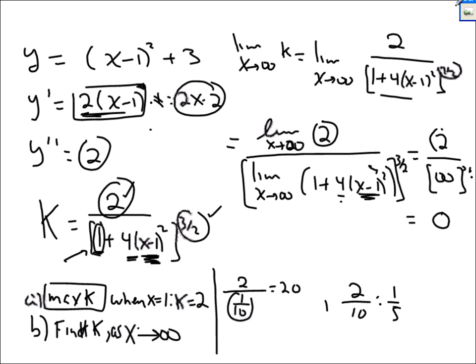You have 2 pieces of cake and you want to share them. That means divide. You want to divide them between 20 billion people. A lot. 0. So the limit as x goes to infinity of k is 0.